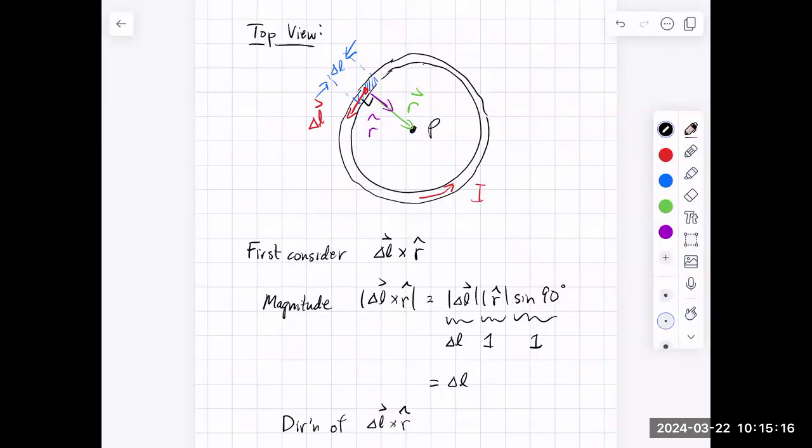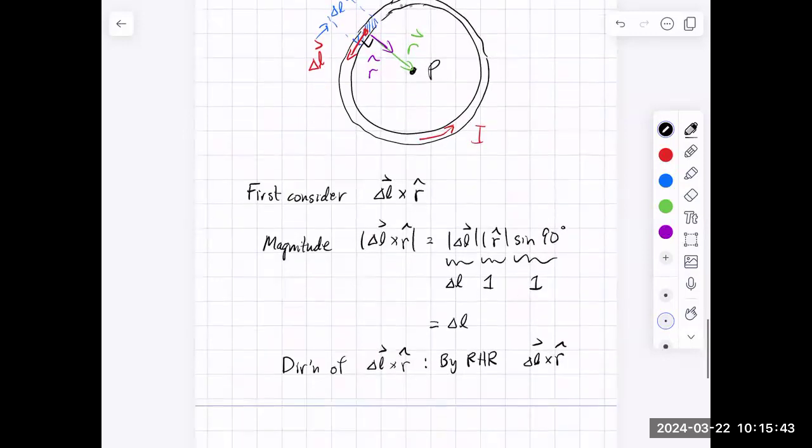Now, delta L is kind of sloped downwards, and r hat is kind of sloped down as well, but towards me. And now my thumb points in the out of the screen direction. So by the right-hand rule, delta L cross r hat is out of the screen.